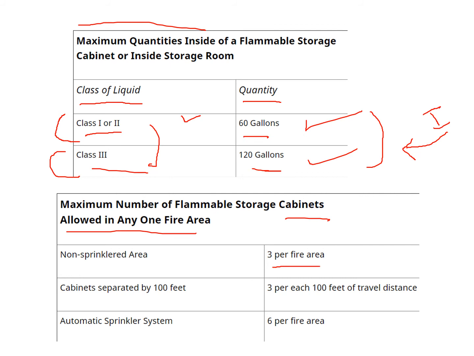In a non-sprinklered area, cabinets are separated by 100 feet, so one cabinet, and then the second after 100 feet, 3 per each 100 feet of travel distance, of course. So this is the distance being mentioned. With an automatic sprinkler system, this should be 6 per fire area.